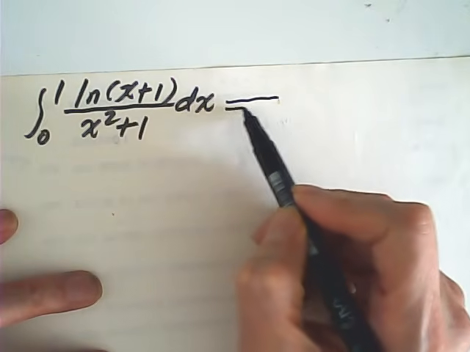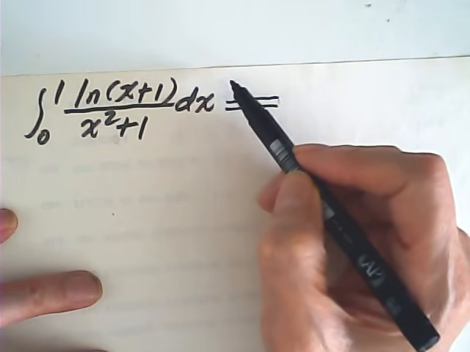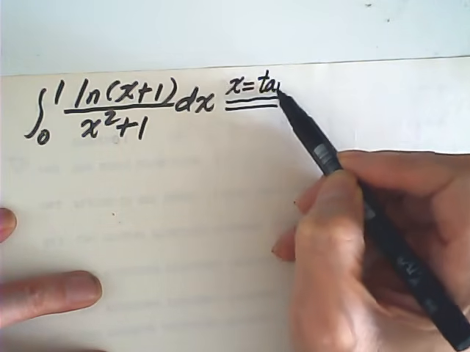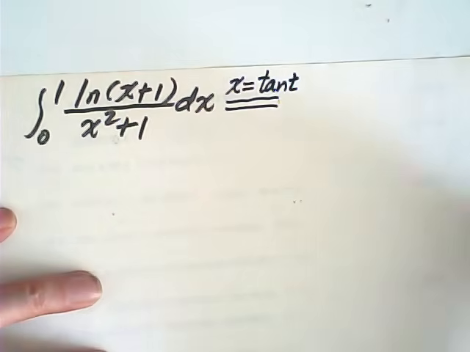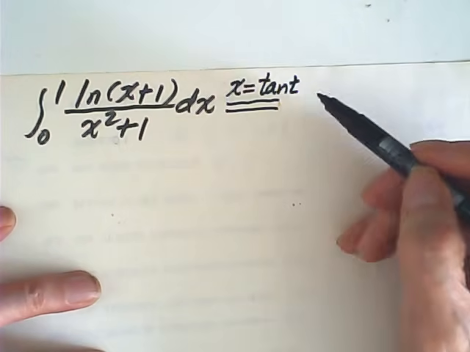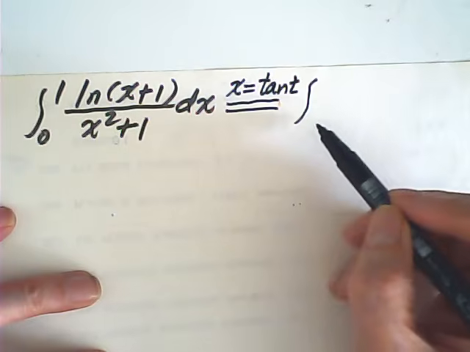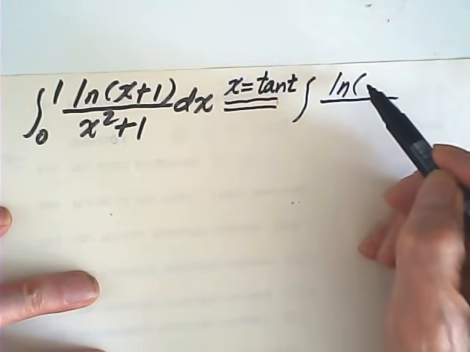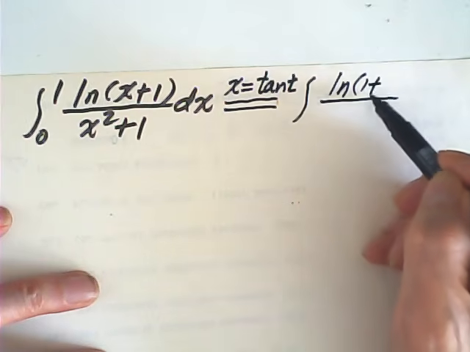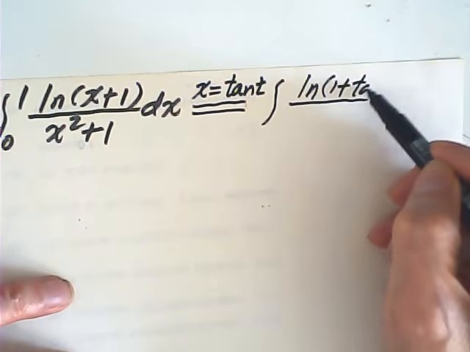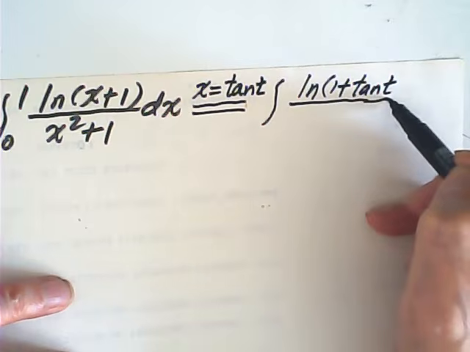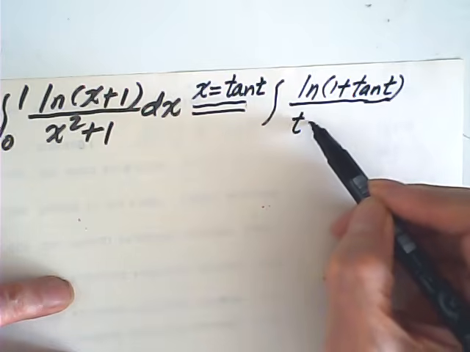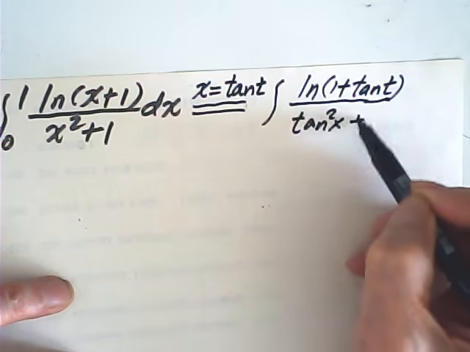Method 1 uses substitution. Let x be tangent t. Then the integral becomes natural log of 1 plus tangent t, over tangent square t plus 1.